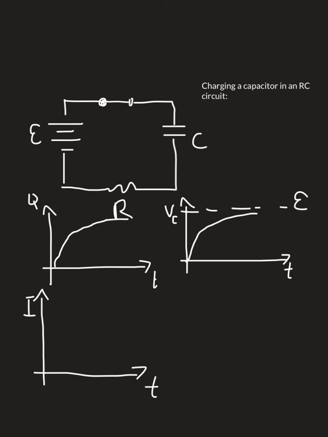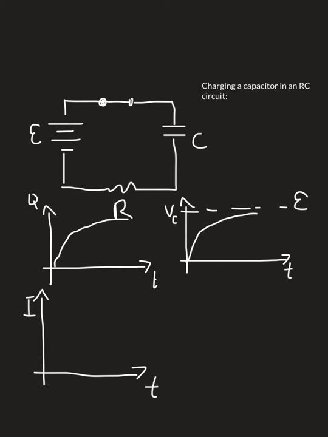Now, if we think about current, this is kind of interesting. Current is related to the change in the charge. So when the charge is changing rapidly, that's a big flow of charges. That's not a minimum current, that is a maximum current. And then when the charge changes less quickly, it has a shallower slope, that's going to represent a smaller current.